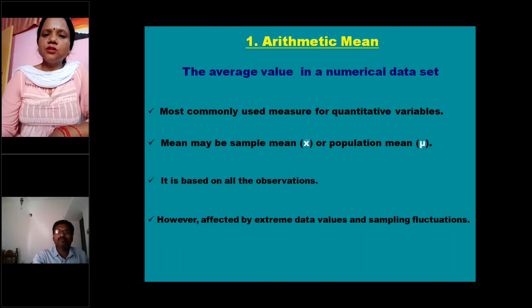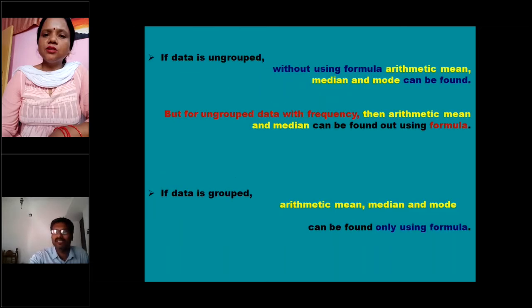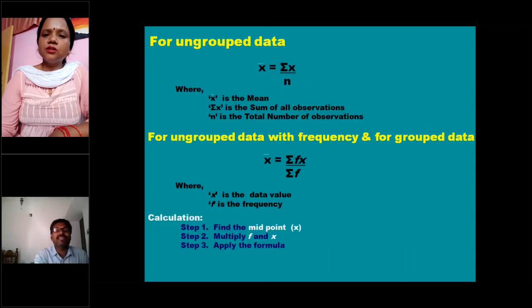This is sigma x, the sum of the values in the data set. This n is equal to the total number of observations. So with the help of this formula, we can find the arithmetic mean for the ungrouped data. With the example, we can easily understand.